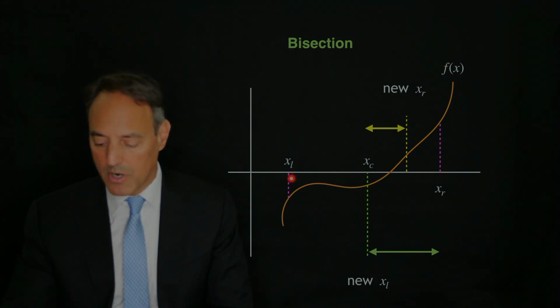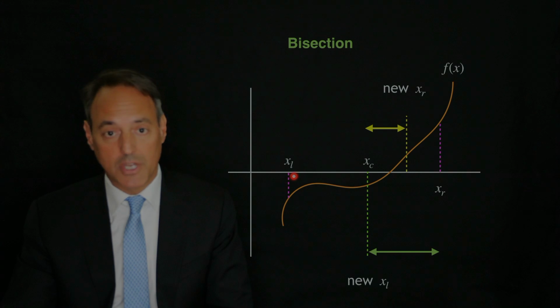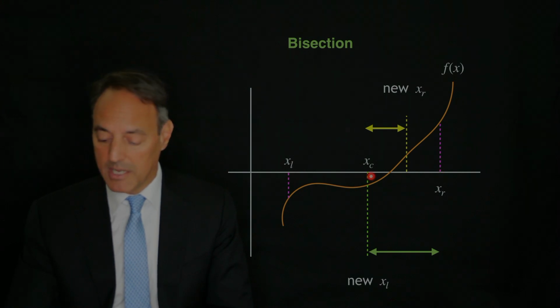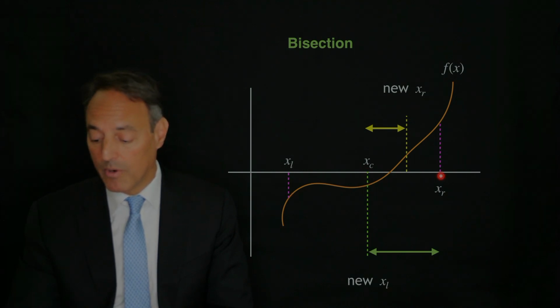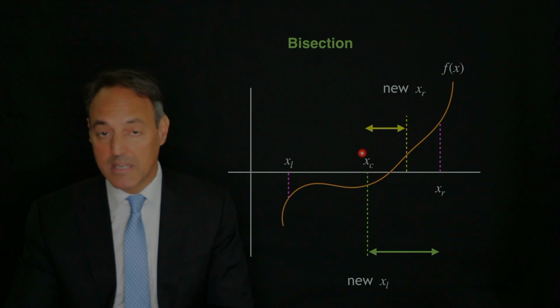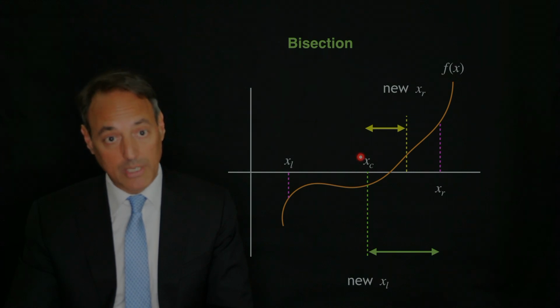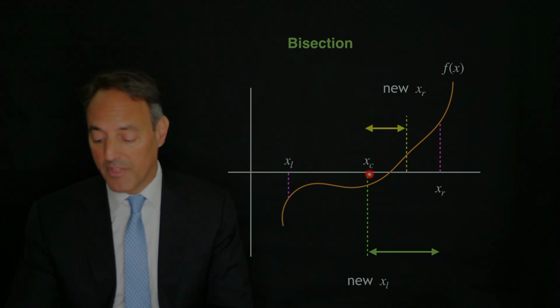So when we initially started with these 2 points here in the magenta, first thing we did, cut it in half, and we got the green point. And we noticed that this is still negative here and negative here. That means it's over on this interval here. So this is now the left point. Okay, so the new left point is this value of xc. Then I cut it in half again. Notice that this point here is positive, so I have positive here, negative here.